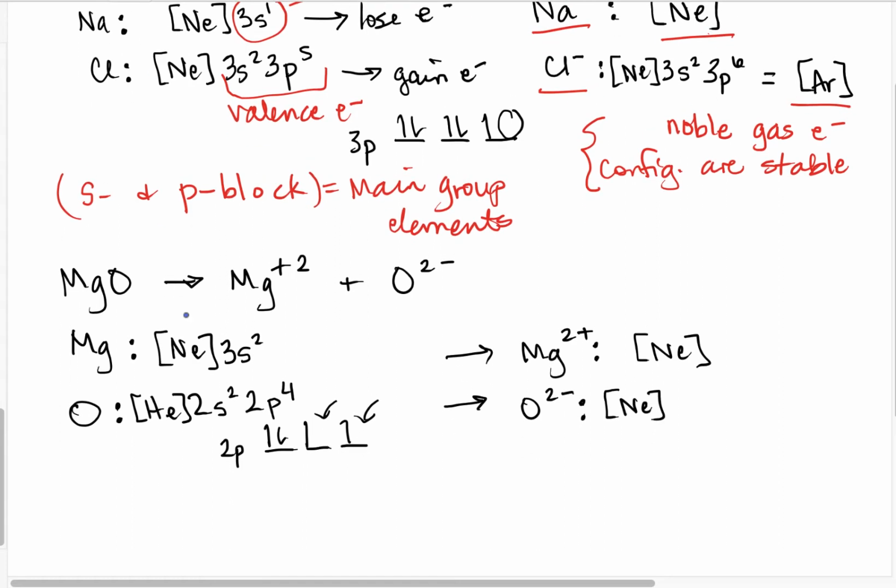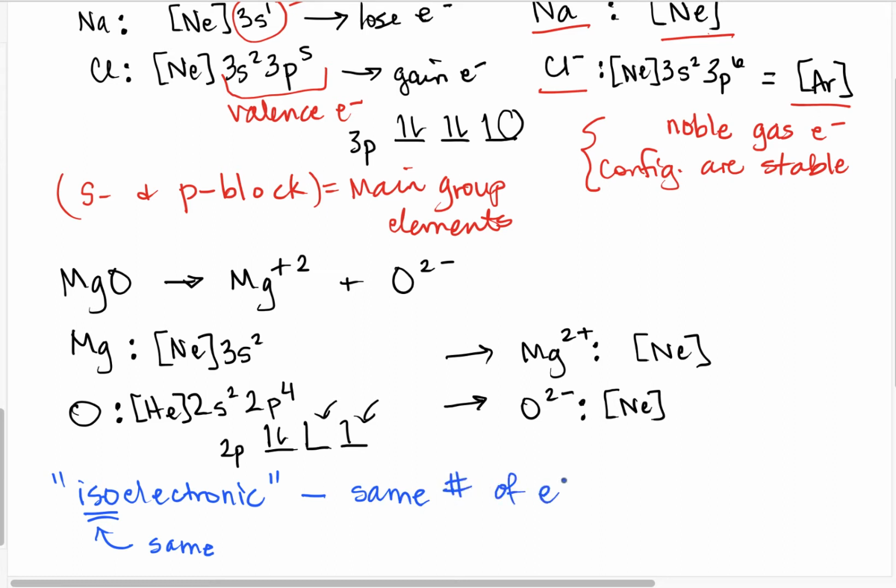So another term that we need to talk about is isoelectronic. You might remember from our conversations about gases that isothermal meant constant temperature. Iso really means the same. So isoelectronic means the same number of electrons. And if these two atoms have the same electron configuration, that means that they are isoelectronic.